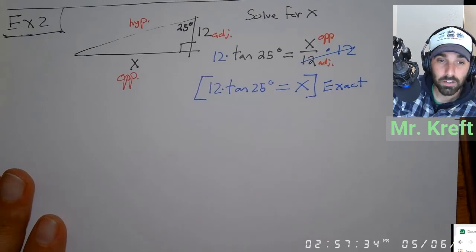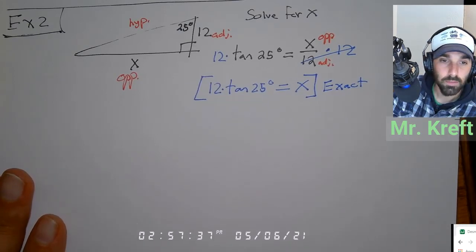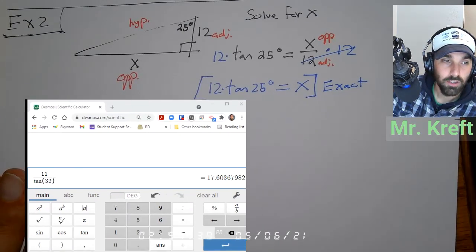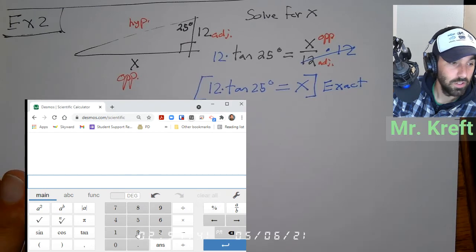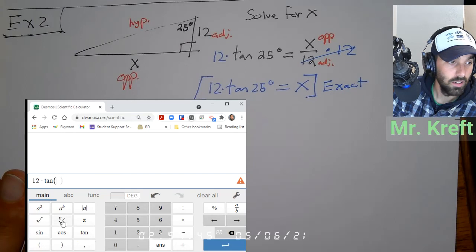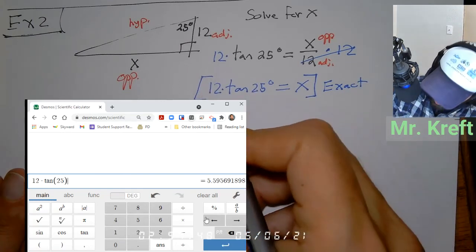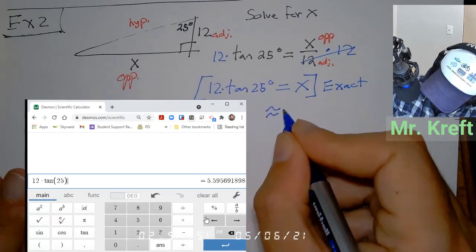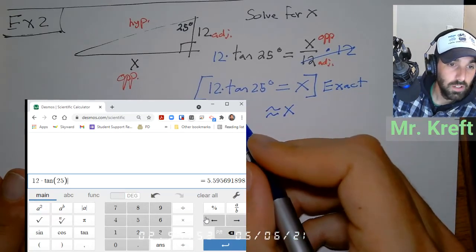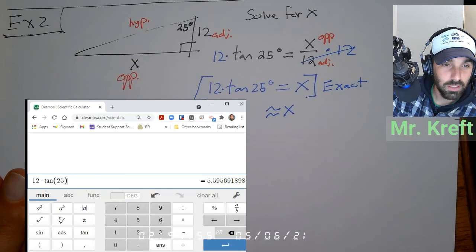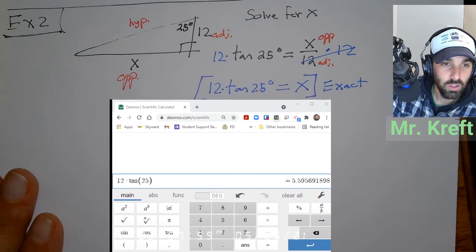If I pull up my calculator again, this time I'm just going to have 12 times tangent of 25 degrees. So this is approximately, what do I have here? This is a really interesting one, because I'm going to have to do some serious rounding.